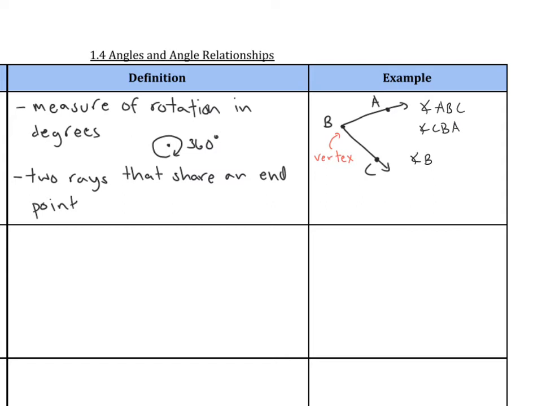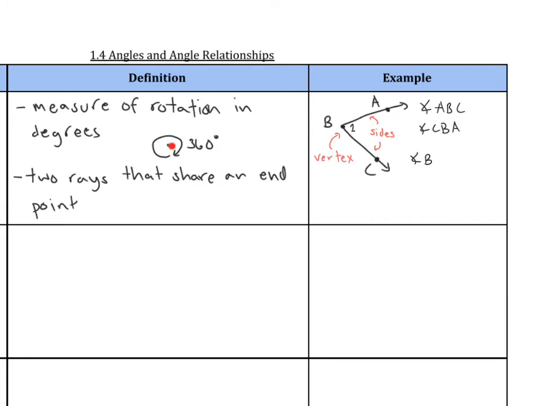I almost forgot to mention, we also have something called the sides of the angle, and that is the two rays that come out from the vertex. The last way that you can name an angle is with a number on the inside.